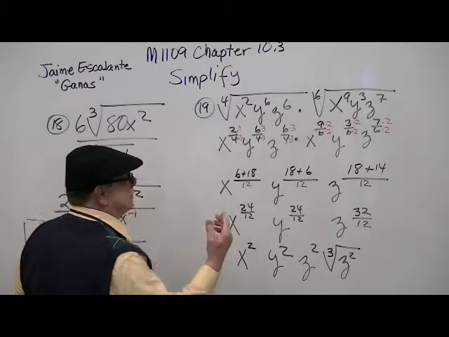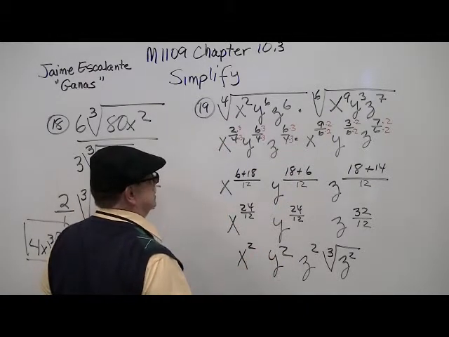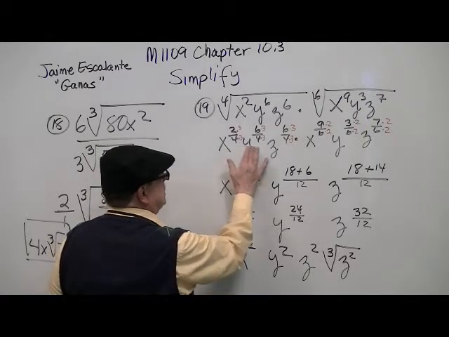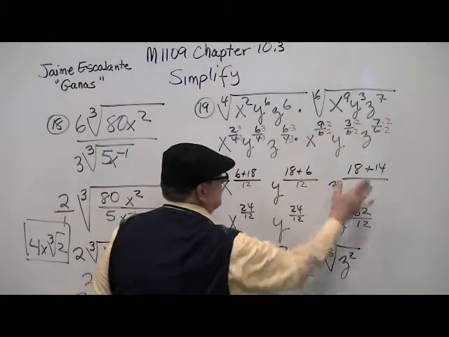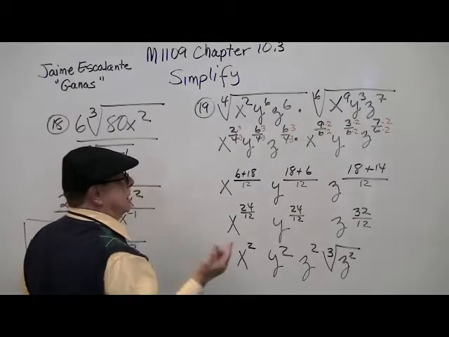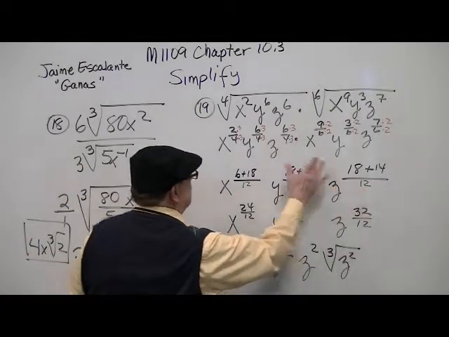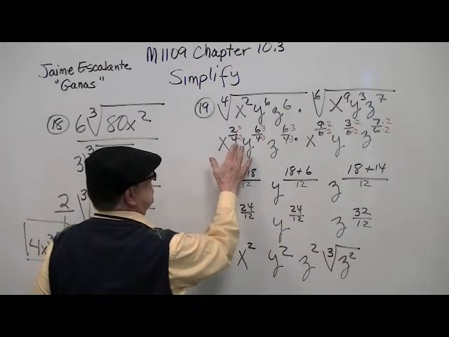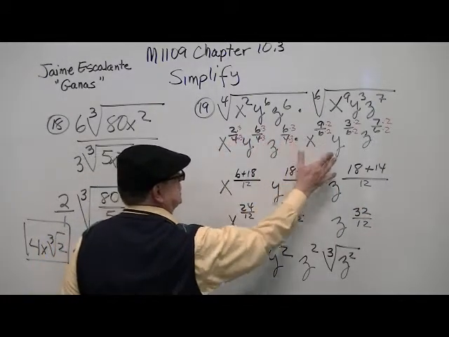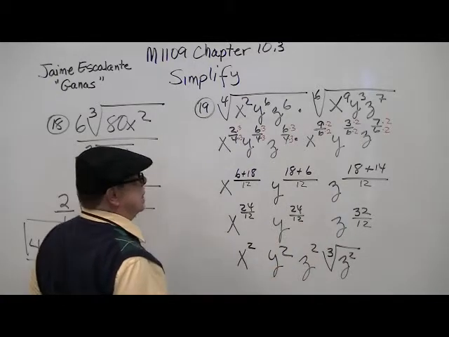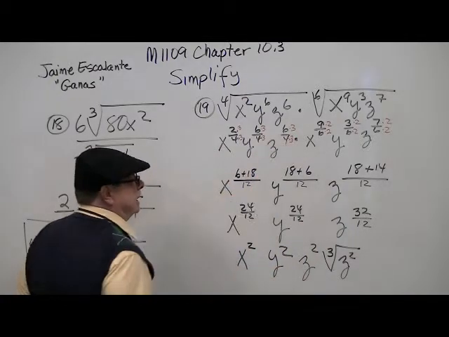So I had to have common denominators. Here they were all 4, here they were all 6. So my common denominator was 12. And then I had to modify these fractions so they became a 12, and that's what the red indicates.